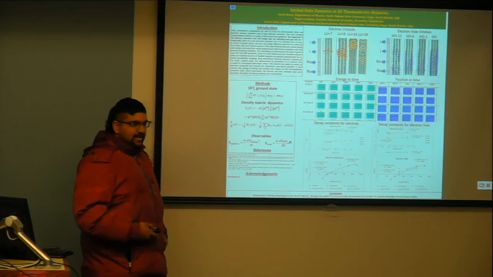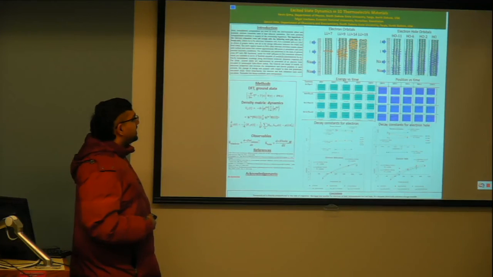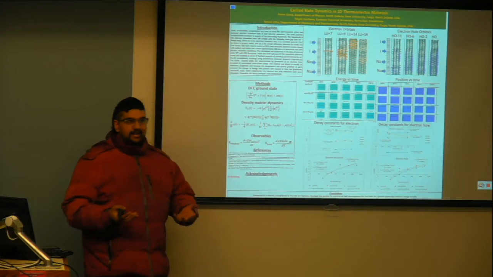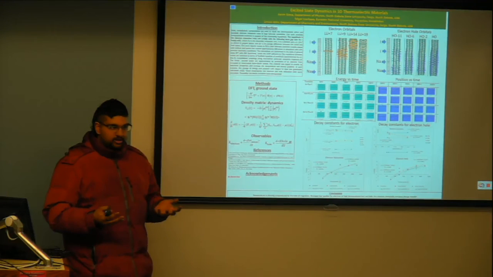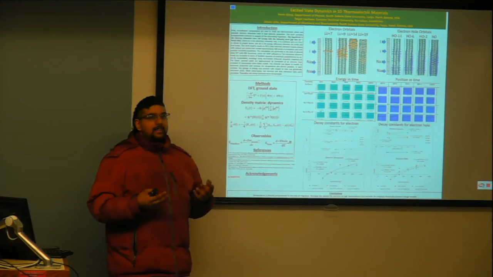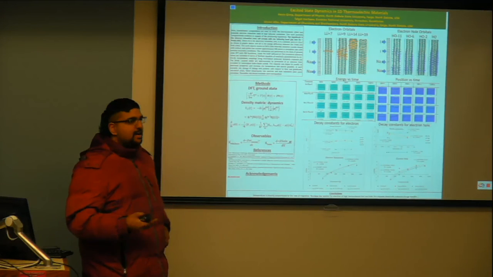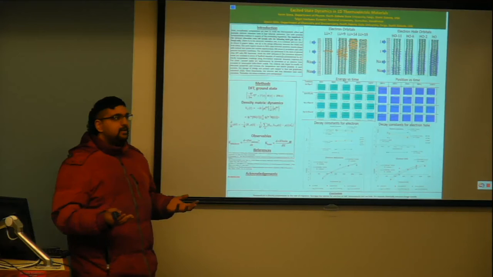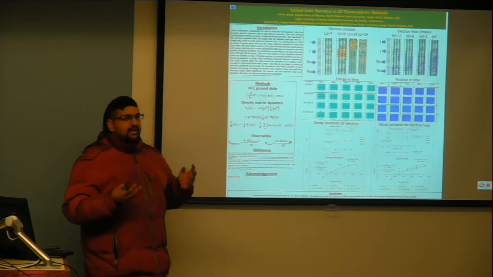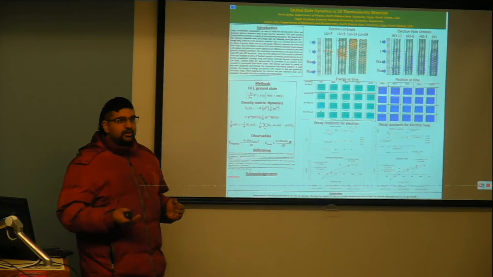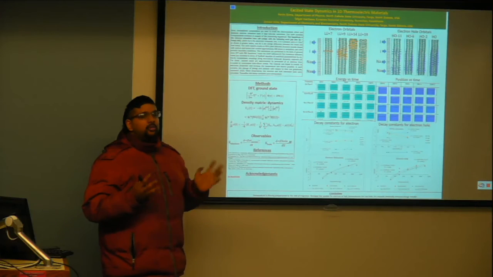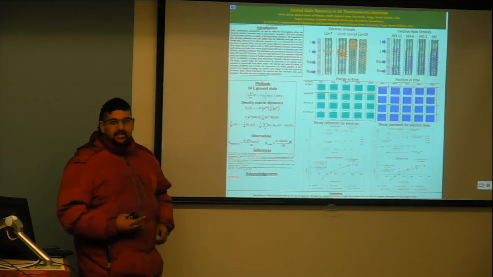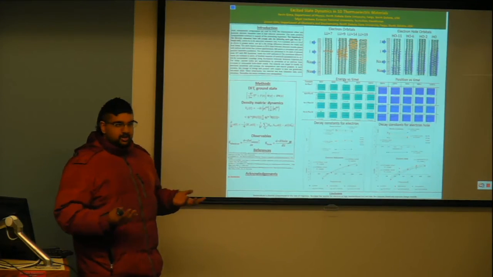So next, I looked at lead telluride nanowires, specifically the charge transfer rates. And to do that, I looked at doped lead telluride nanowires. If the lead telluride nanowires weren't doped, they would have negligible charge transfer rates.